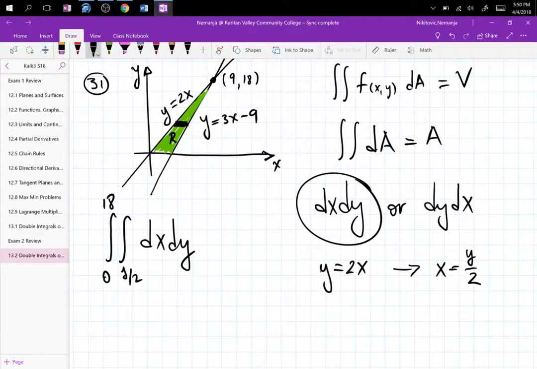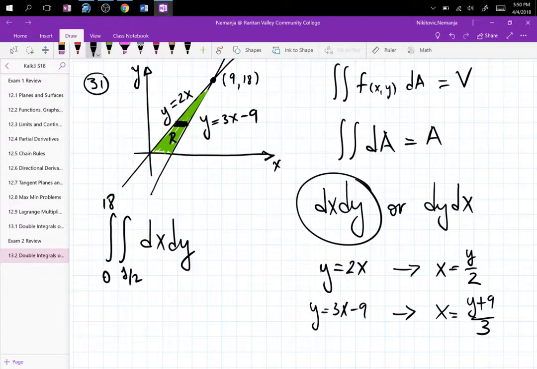It's right minus left. Okay, right minus left. So that one was the left side of the dy. There goes on the bottom. And then we have the other one, which is y equals 3x minus 9, which flips into y plus 9 over 3.